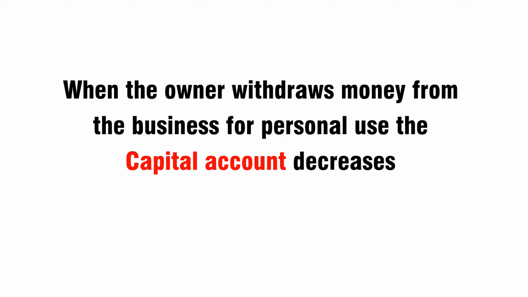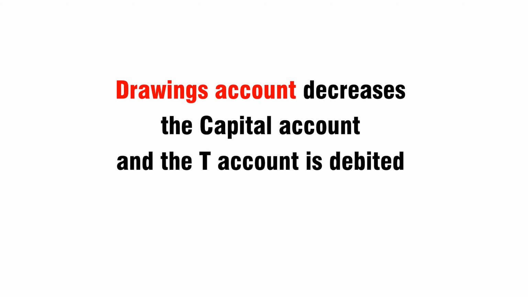When the owner withdraws money from the business for personal use, the capital account decreases. Drawings account decreases the capital account and the T account is debited.